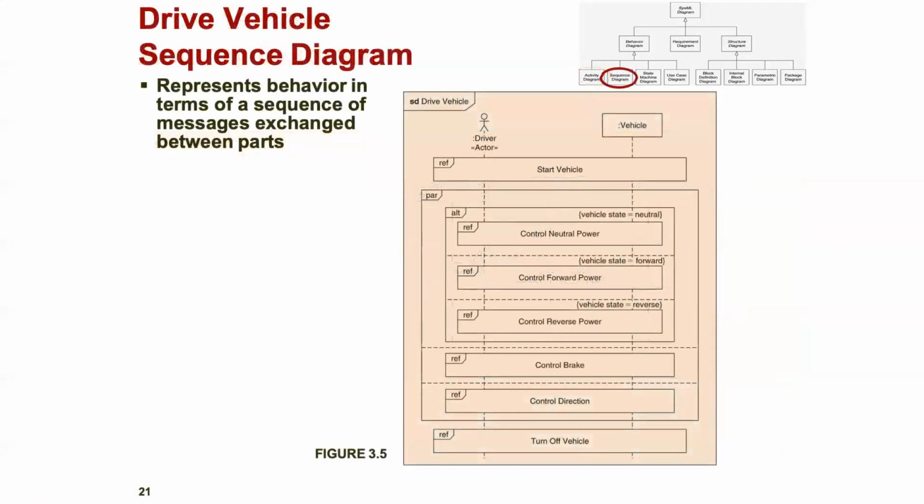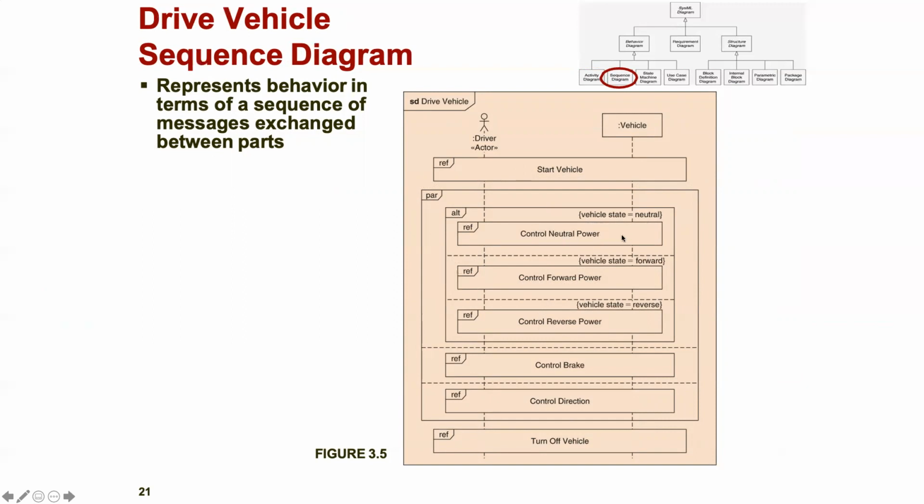So a sequence diagram represents a behavior in terms of a sequence of messages exchanged between parts. And so what information goes back and forth between these various elements. And so the driver starts the vehicle. The driver then has the ability to determine what you're going to do.